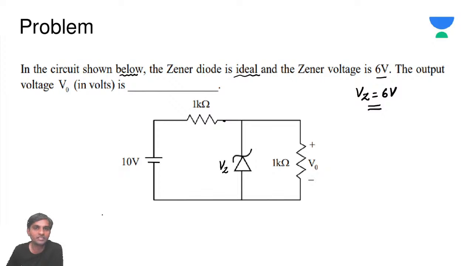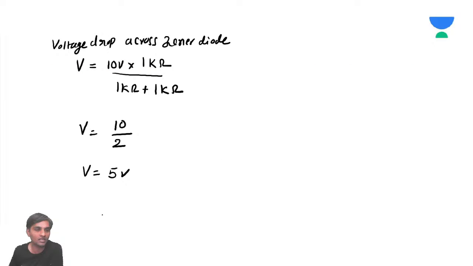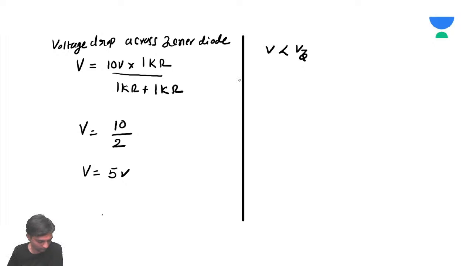Now, as the Zener diode voltage, this V is less than Vz. So Zener is not in breakdown.